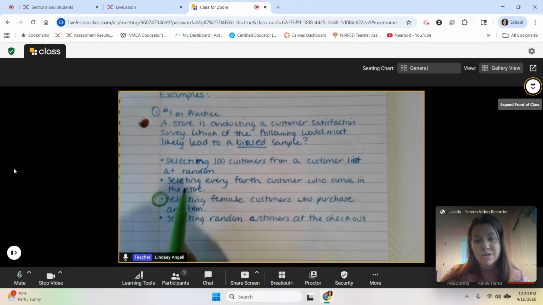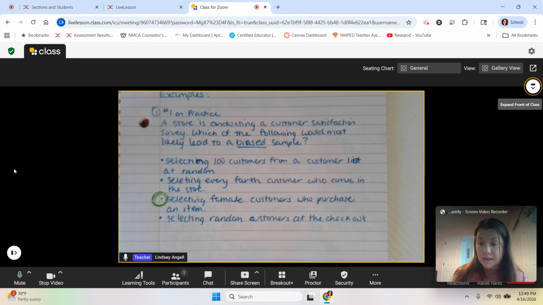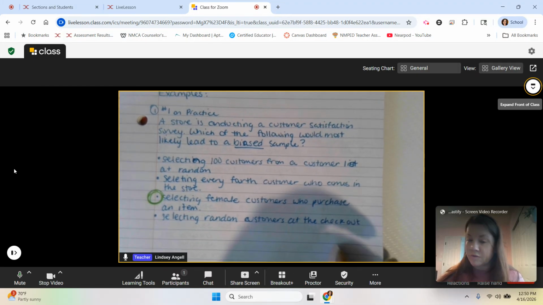Selecting every fourth customer who comes in the store: you can't control who comes in the store and the order that they come in, so again, that's random. Selecting random customers at the checkout is random too. This third option, which may or may not be the third on yours, is selecting female customers who purchase a specific item. There's a lot of bias in that, not only based on what they're buying, but also that they're all female. So that would be your answer for that one.